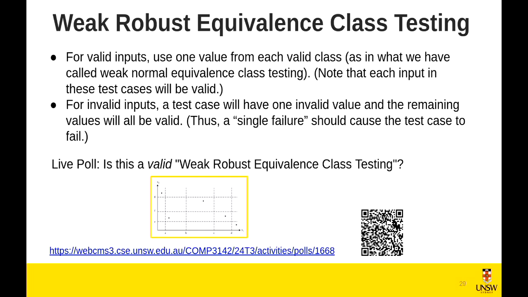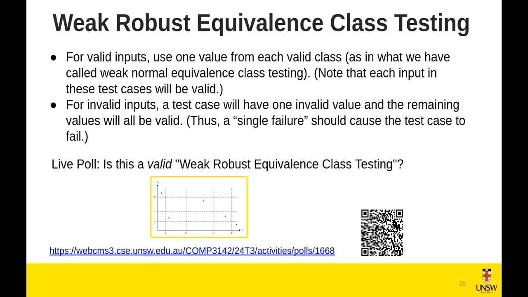So each time, only one variable can take a particular invalid equivalence class. And robust means we care about the robustness of the system, which means that we need to generate invalid inputs. That is the definition of weak robust equivalence class testing.